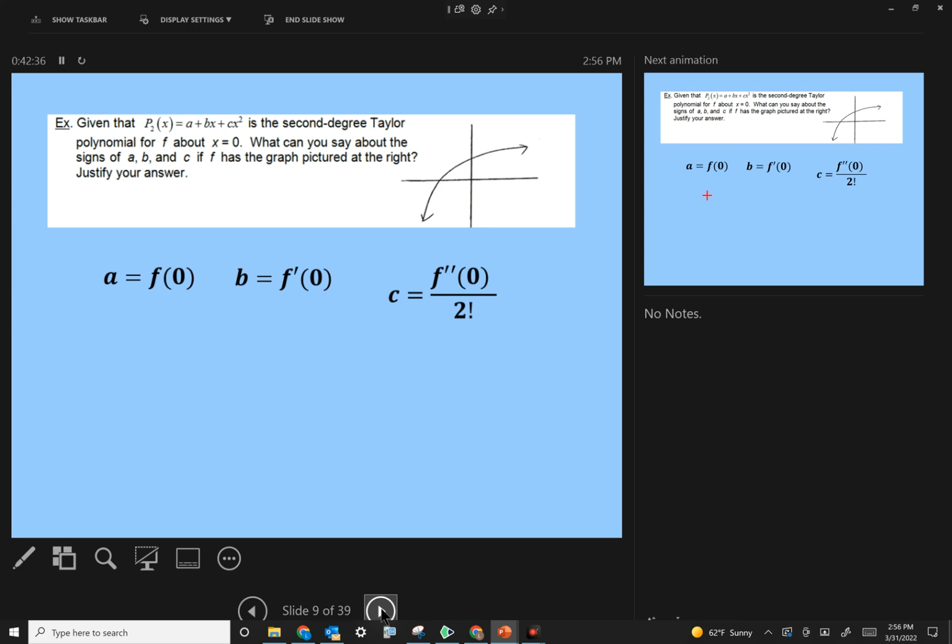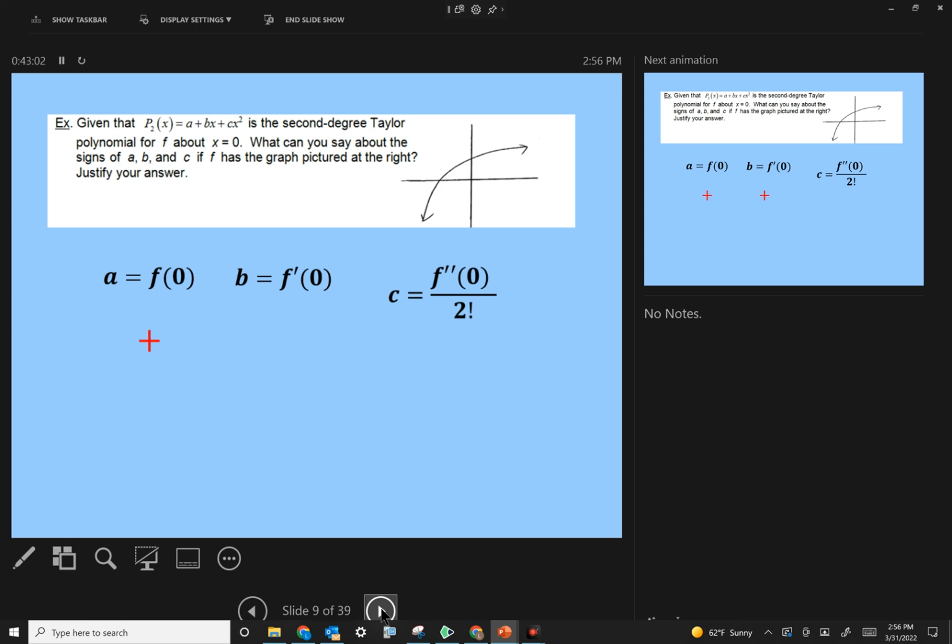So based on this, look at the graph. What is f of 0? Positive or negative? Doesn't that mean the y value at 0? Doesn't f of 0 mean the y value at 0? So is the y value at 0 positive or negative? Or is it too easy? You're afraid to say positive? Everybody okay with that? All right. All they asked me for was the signs. They didn't ask me what number.